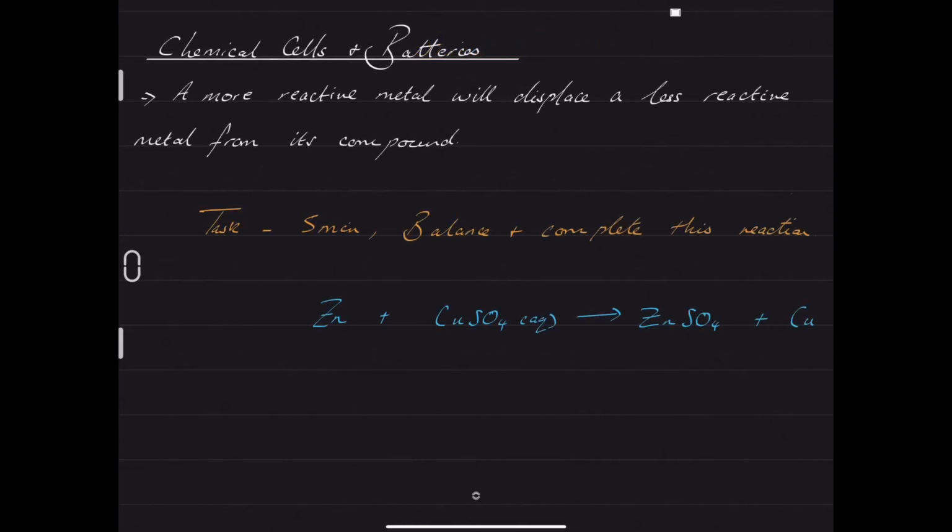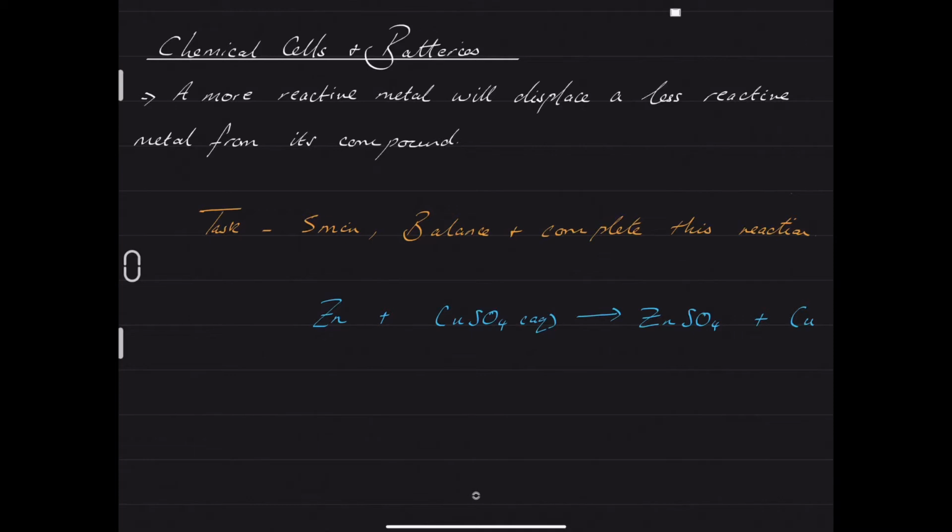So now let us look at chemical cells and batteries. From the outset, we have to understand and appreciate that a more reactive metal will displace a less reactive metal from its compound. And based on this principle, we develop chemical cells and batteries.